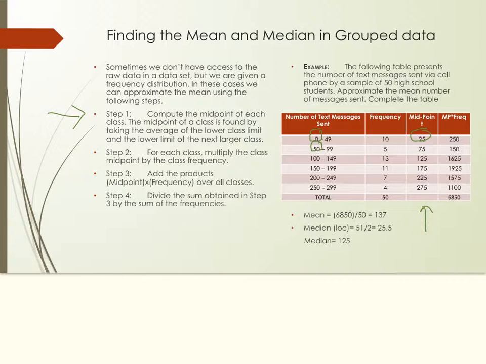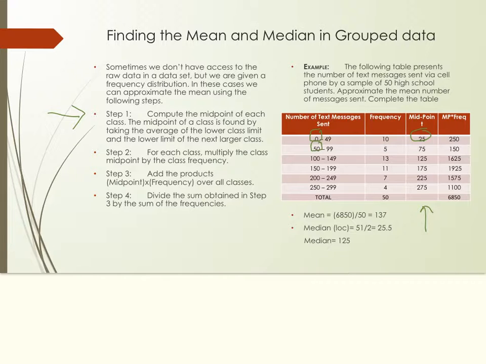So in this case, if you look at our example, you take the lower 2 values of the first 2, you add them together, 50 plus 0, and you divide it by 2 and you get 25.